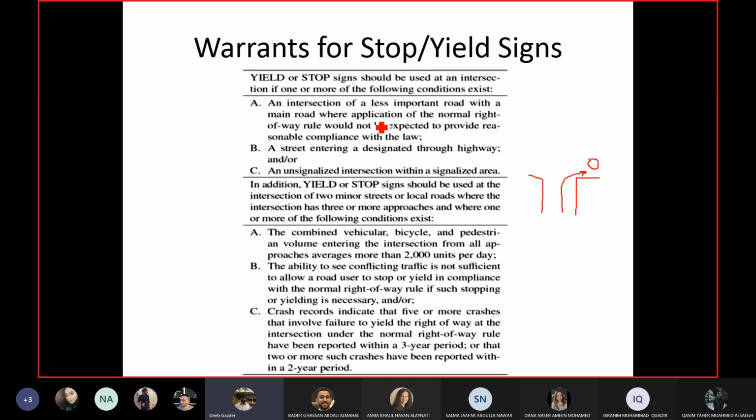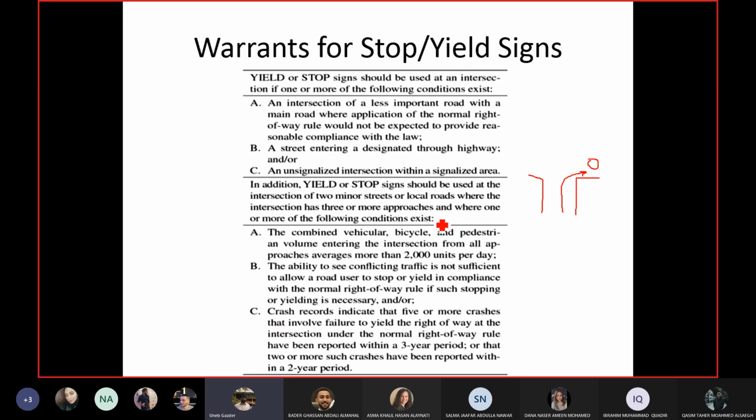In addition to these conditions, you may use a stop or yield sign at an intersection of two minor streets or local roads, which is not so common. Usually, if you have two minor streets or local roads crossing, then you would see them without any signs. Where the intersection has three or more approaches.